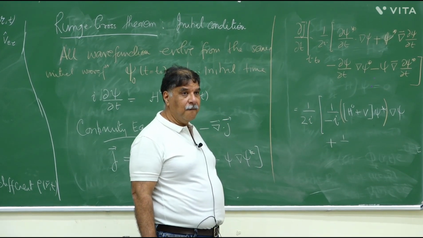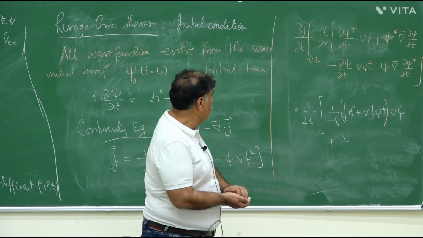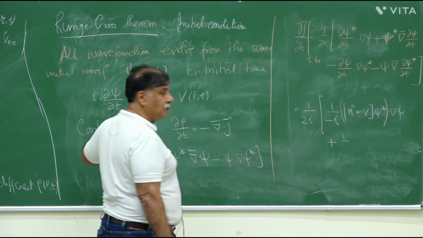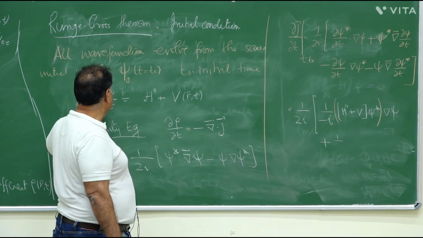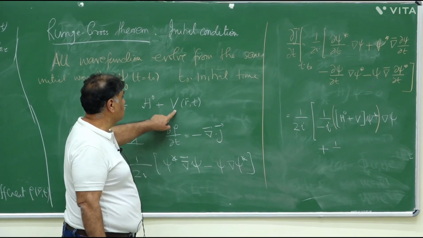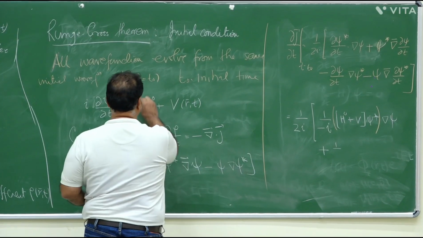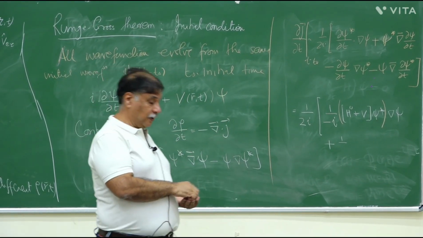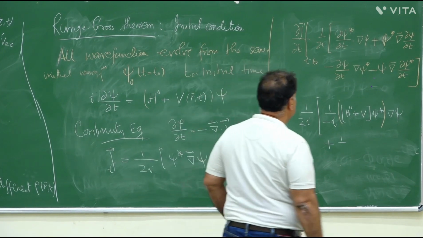Maybe I am getting confused. I am just taking the value from this time dependent equation. So this is minus i d psi star by dt equals H naught plus B acting on psi star. Okay.